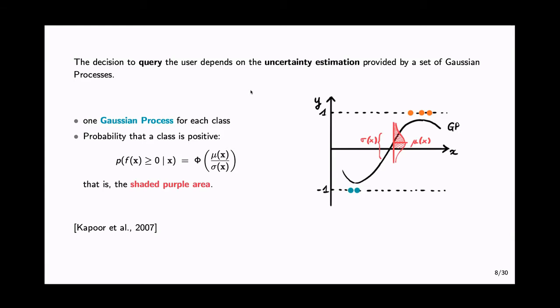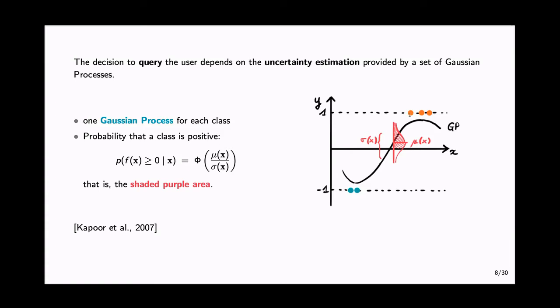We have one Gaussian process for each class. So the probability that an instance belongs to this class, the probability that the class is positive, is defined by this formula. Here we can see the plot.